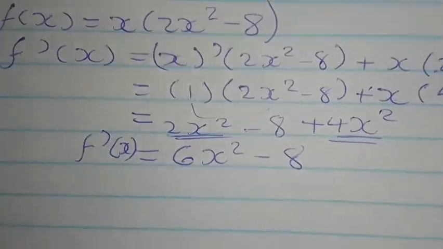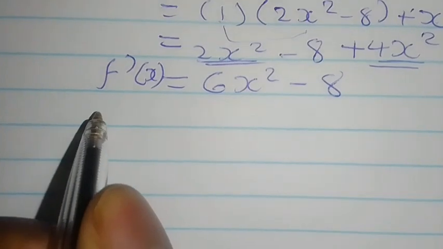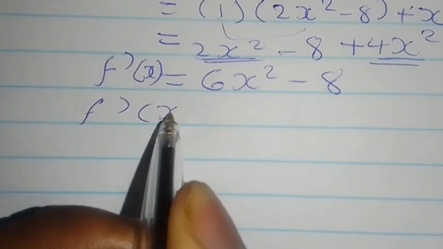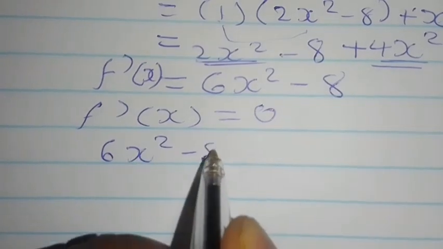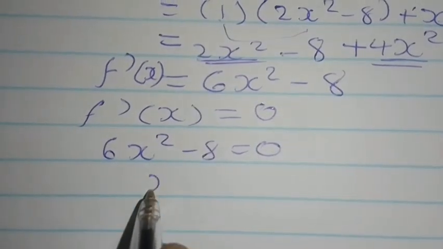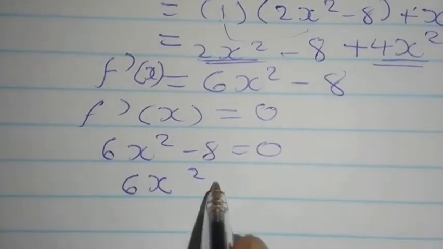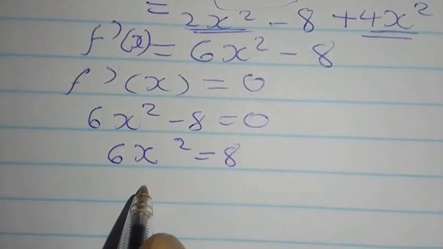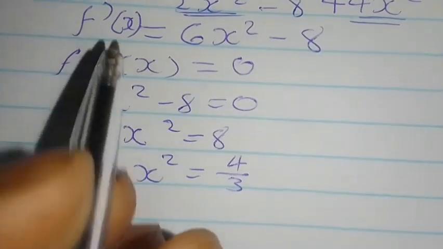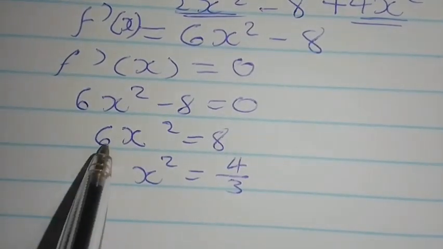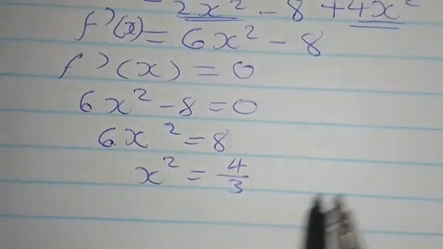Now you have to get the critical numbers from this. So you equate f prime of x to 0. That means that 6x squared minus 8 equals 0. From then you get that 6x squared equals 8. If you divide both sides by 6, you'll get that x squared equals 4 over 3, since we have a common factor in 6 and 8. Let me just show you.